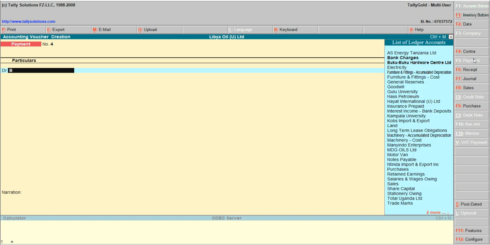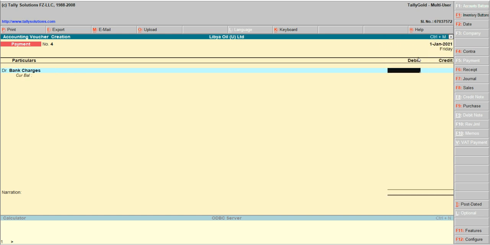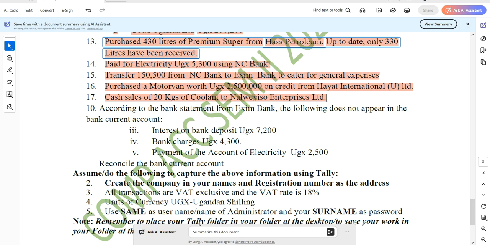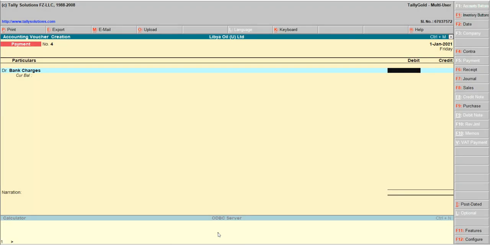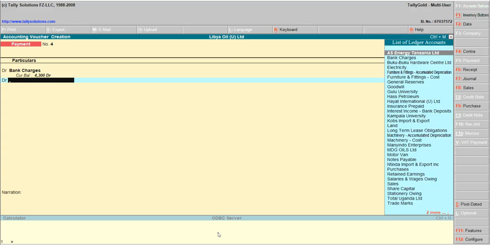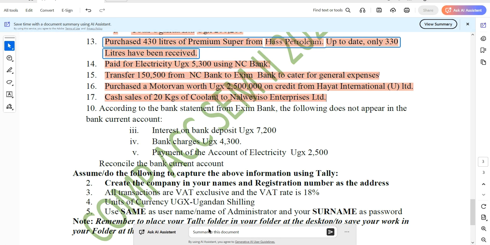Bank charges are to be debited, with how much? 300. You also debit the electricity, because they also paid electricity, but it's missing on the bank statement.